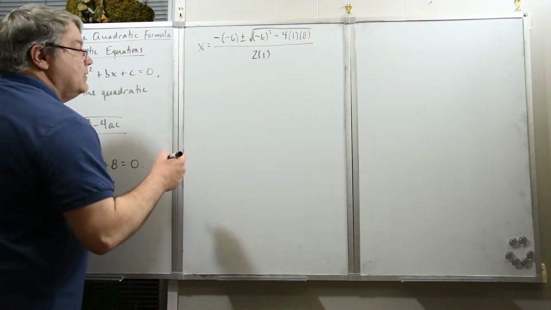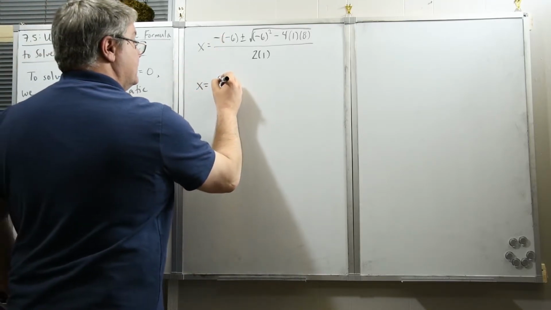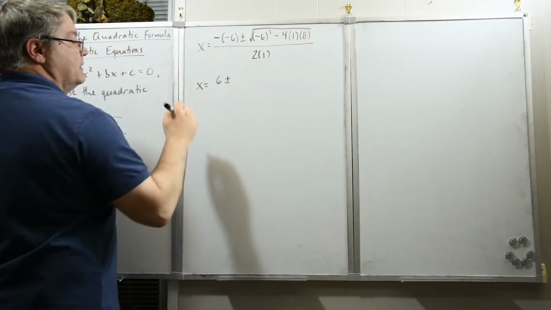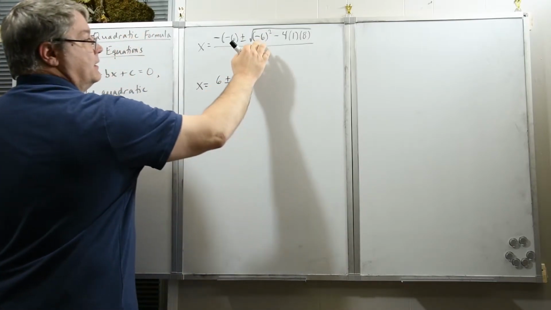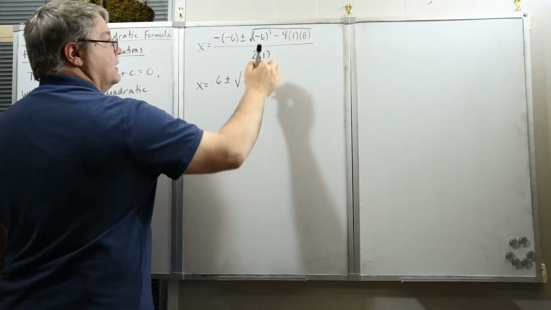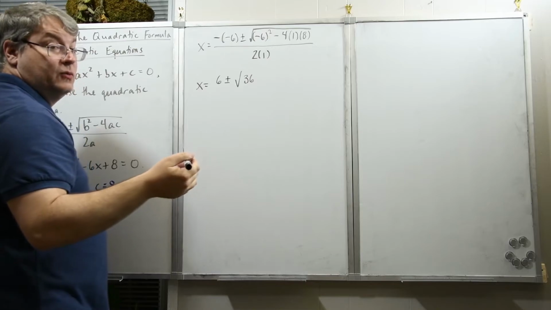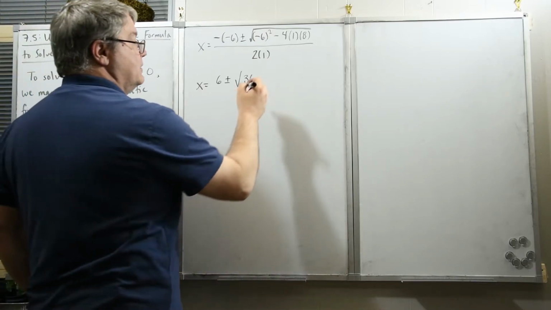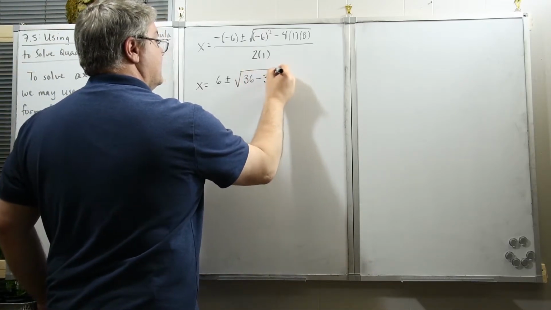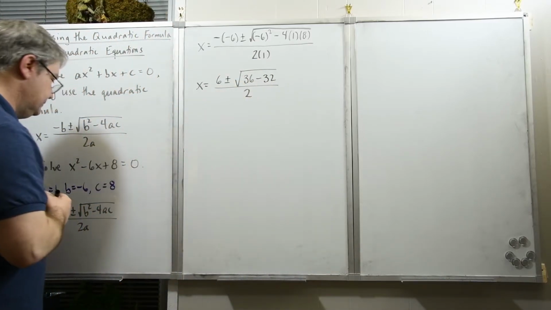What's going to happen is we're going to get x equals minus a negative 6 is 6, plus or minus square root of, square the negative 6, it gives you 36. We have minus 4 times 1 times 8. Well, 4 times 1 gives you 4, times 8 gives you 32. Let's subtract it away. And on the bottom you have 2 times 1, which is 2.